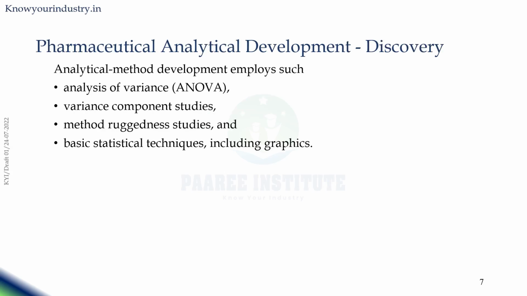During a drug discovery process, one of the parallel paths is analytical development. Analytical method development employs various statistical techniques, including analysis of variance, component studies, method ruggedness studies, and other basic statistical techniques like graphics and summary statistics.